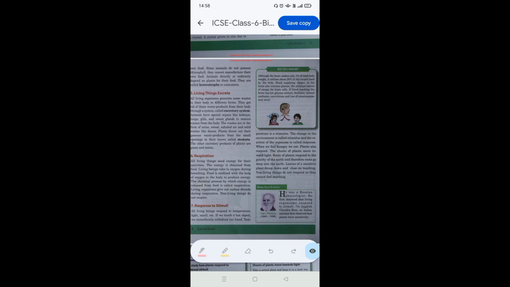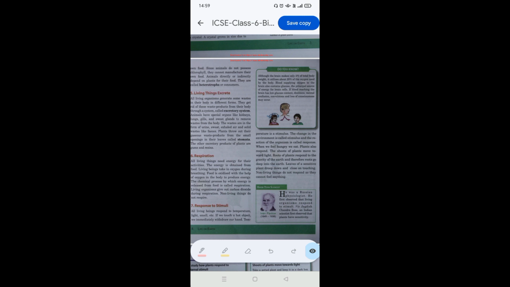The seventh characteristic which differentiates living things from non living things is response to stimuli. All living beings respond to temperature, light, smell, etc. If we touch a hot object, we immediately withdraw our hand.